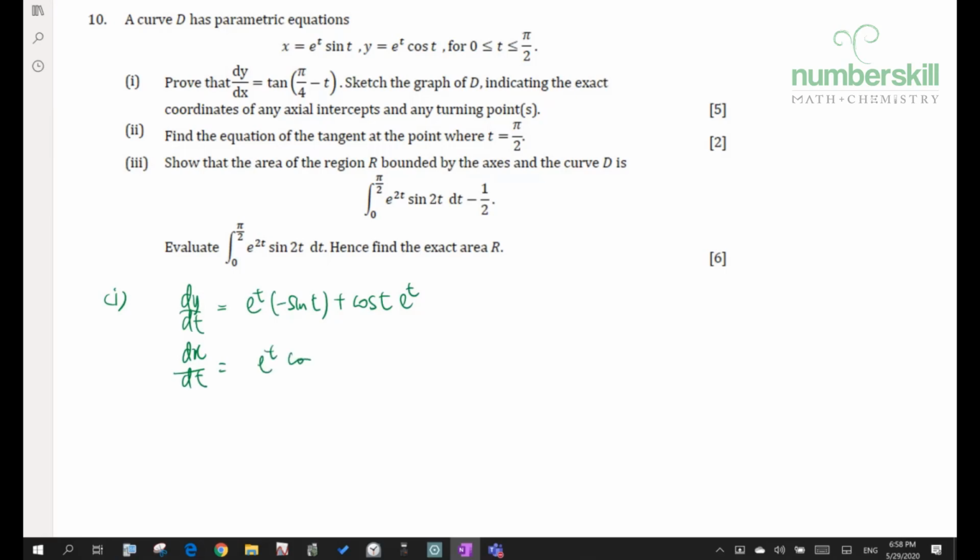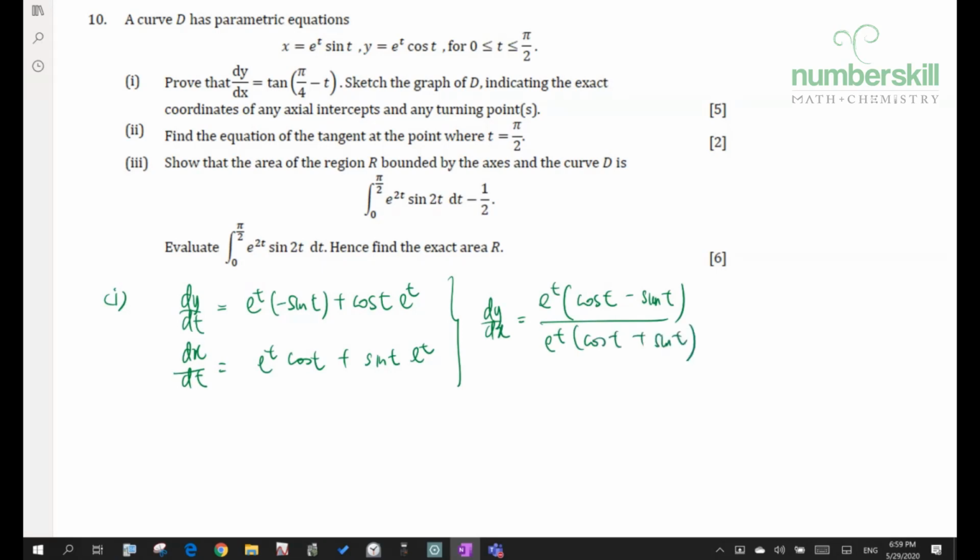Keep this, differentiate this, plus keep this, differentiate this. Then of course this divided by that, you get dy/dx. So the problem with getting dy/dx is that it is easy. Many people will be able to get to here, but not many people will be able to show the rest. Get the idea? So if you got to here, congratulations, you get 1 mark.